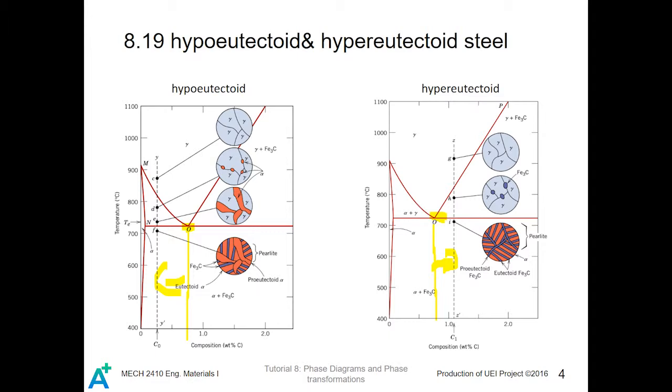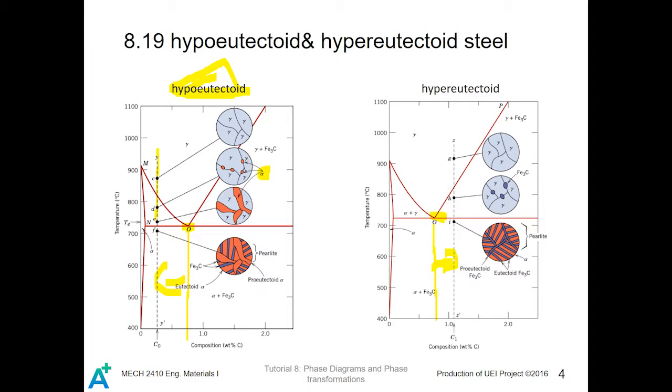Using a similar argument as used earlier for this phase change in terms of the microstructure, for hypoeutectoid steel, when it enters this region, some primary alpha phase grains will form first, denoted by the red region shown here, and they will grow along the original green boundary of the gamma phase.